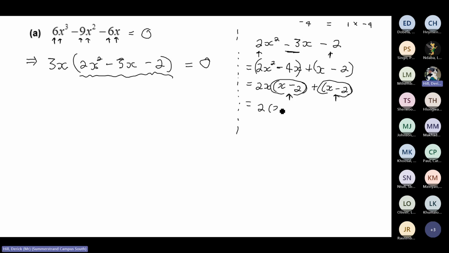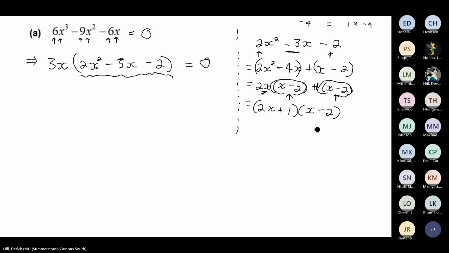So I'm left with 2x plus 1 from this 2x and this 1 that is implied over there, and I've got that multiplied by x minus 2.